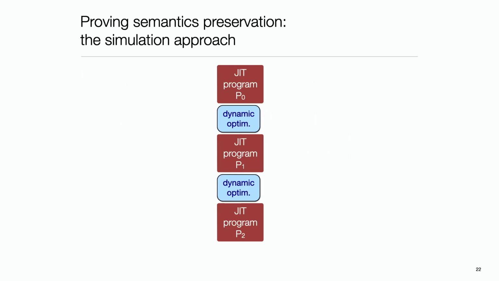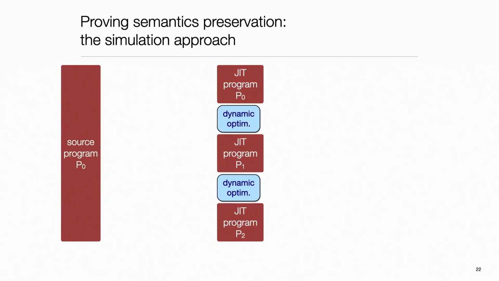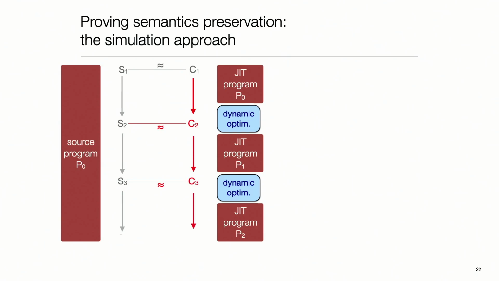Here is a snapshot of a possible execution of the JIT program, and we need to show that this execution is equivalent to the execution of the source program. The idea is to reuse simulation techniques to prove this property.